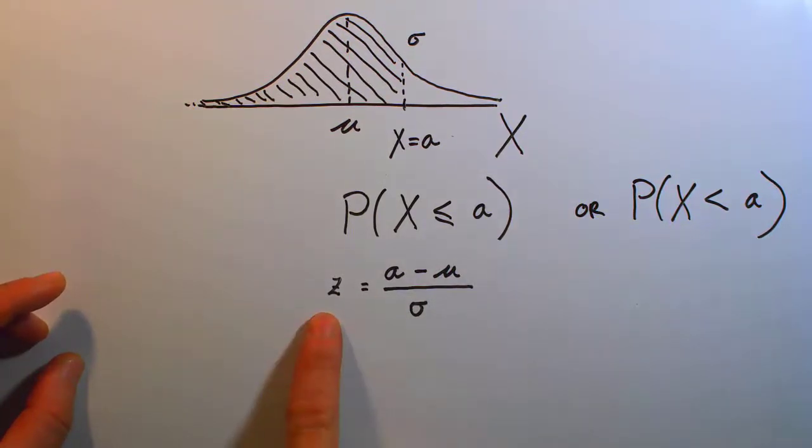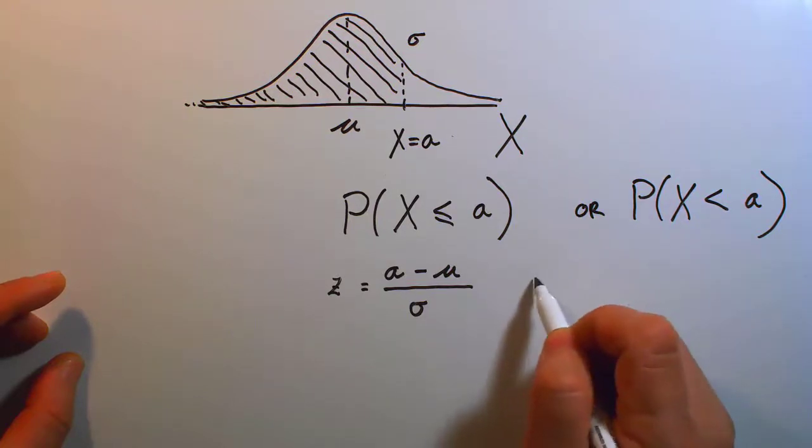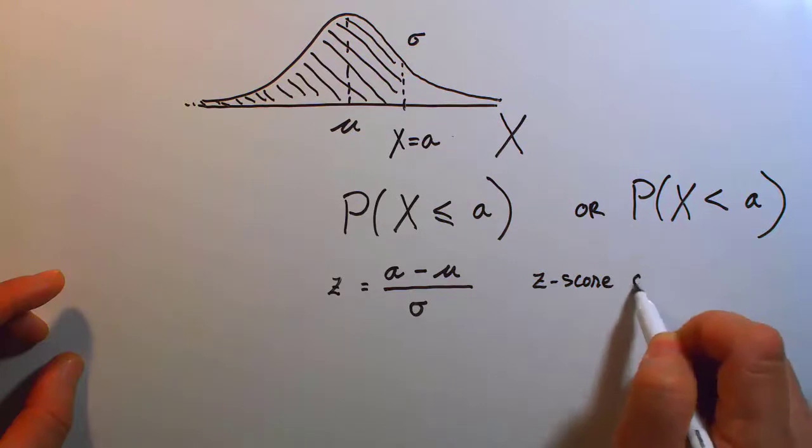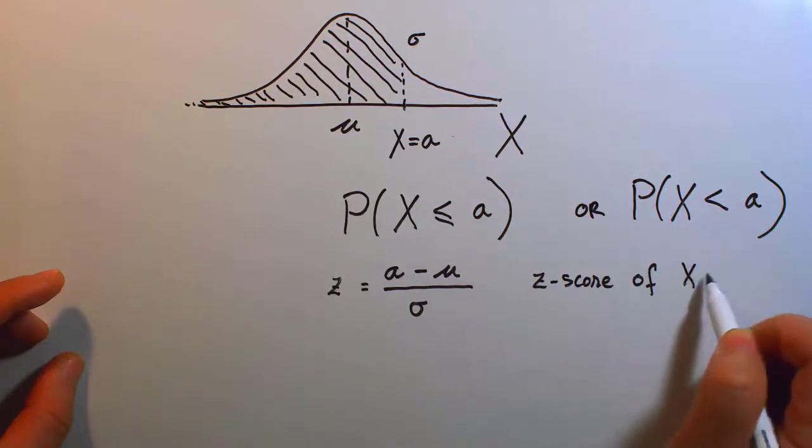And so this z-score is the z-score of our value x equals a.